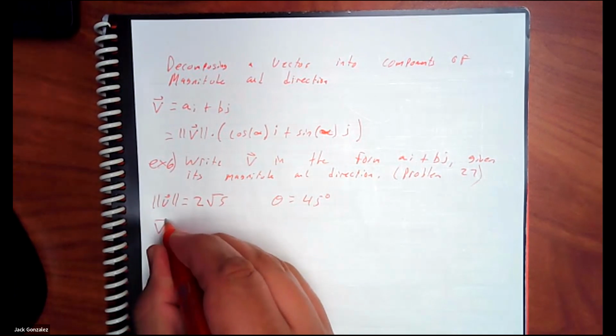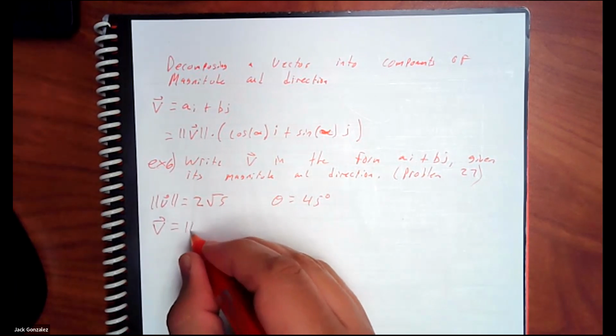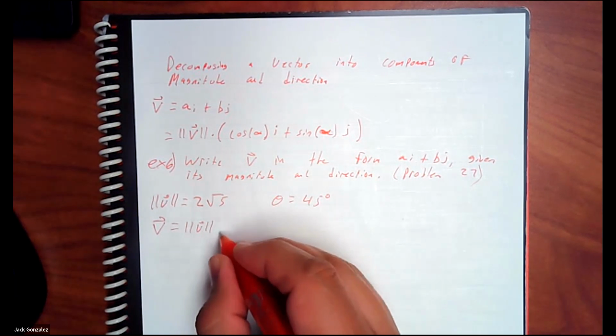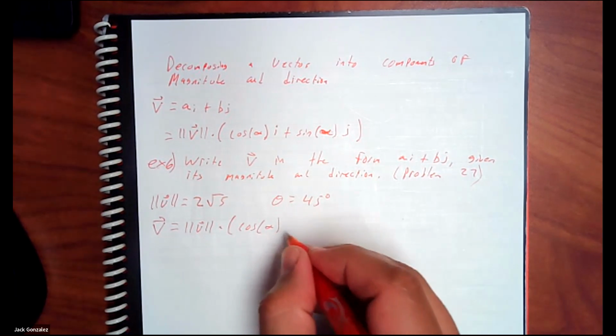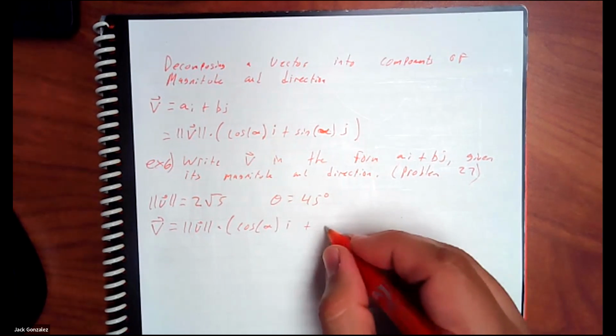So V will equal the magnitude times cosine of that angle. So this would be the I and J components right there.